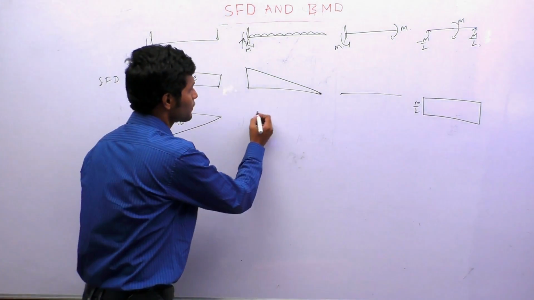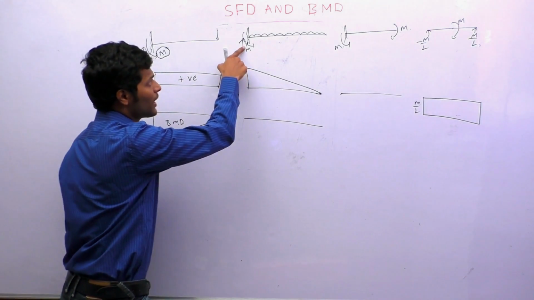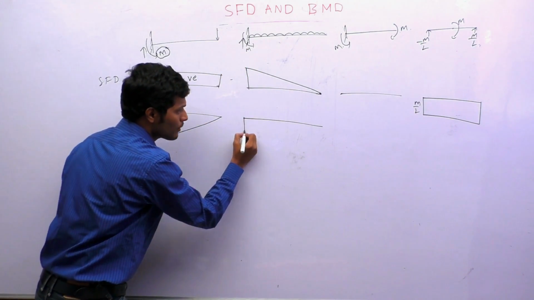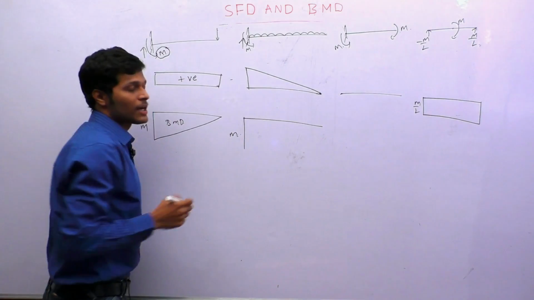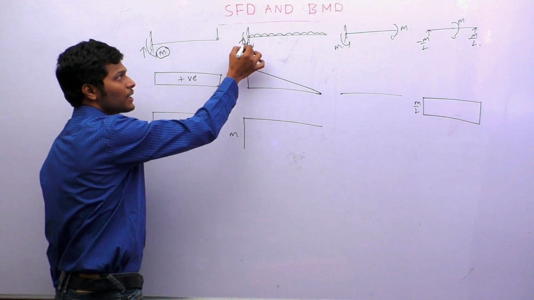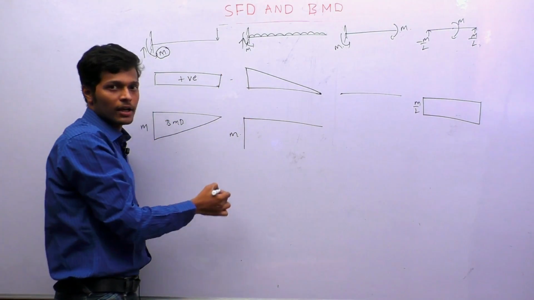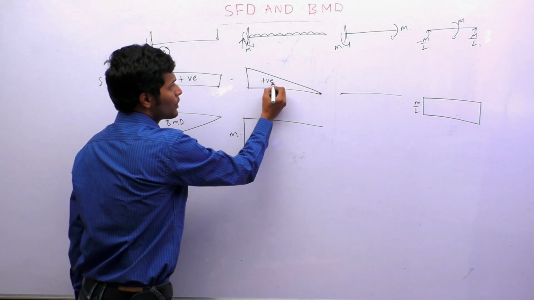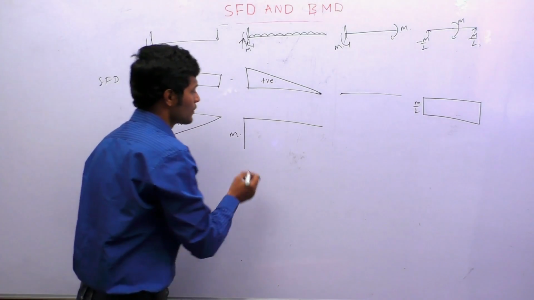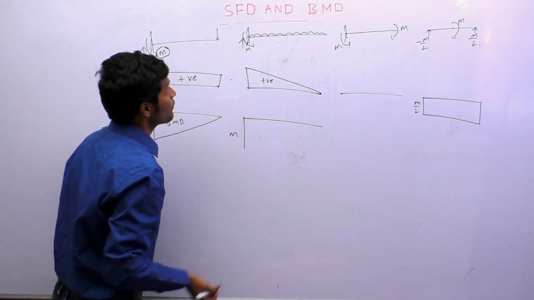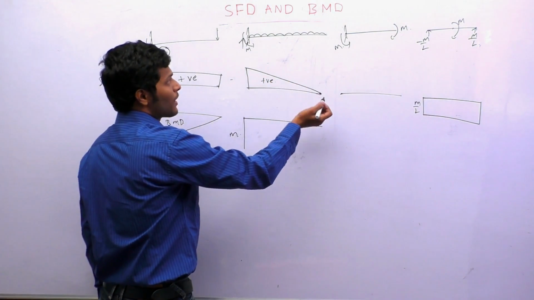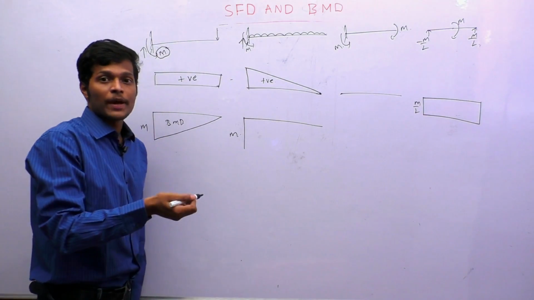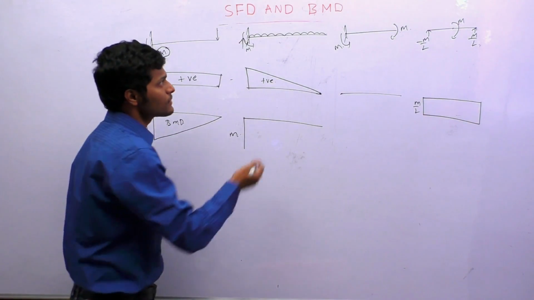Similarly, initially I have an M value, so I will get a vertical line, because as I said, if there is a concentrated couple then you will get a vertical line. Now the shear force is positive, so you will have a parabola. Whether it is a convex or concave parabola, see the equation.